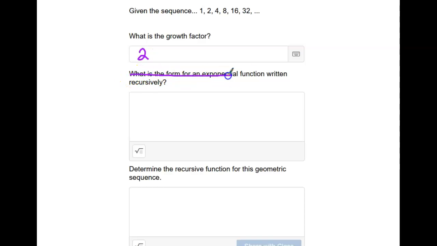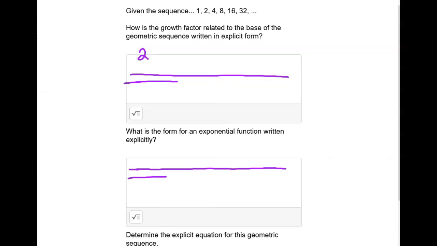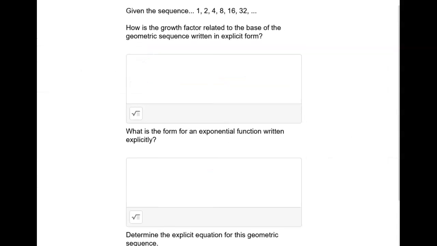We're not going to worry about this recursive function here, or this one right here. But we are going to worry about how to write it in explicit form. So how is the growth factor related to the base of the geometric sequence written in explicit form?